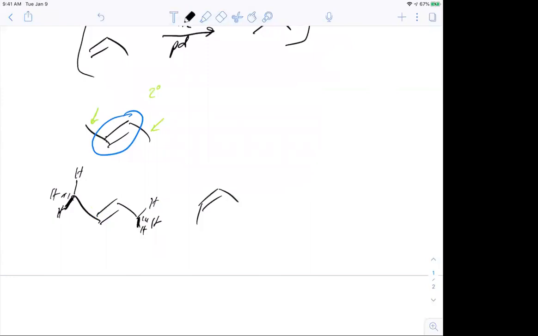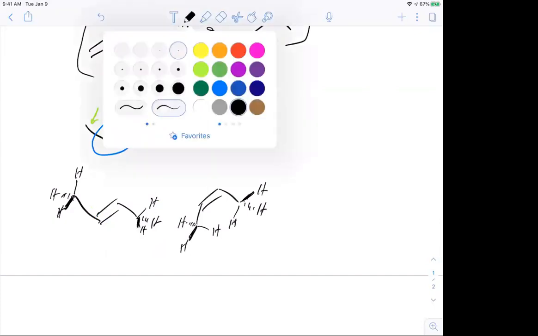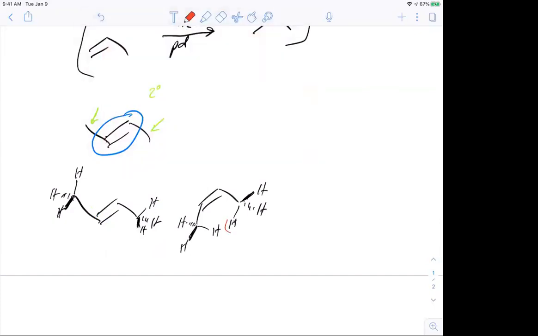And then cis, you've got them on the same side. Because of this interaction here, that's going to make the trans more stable.